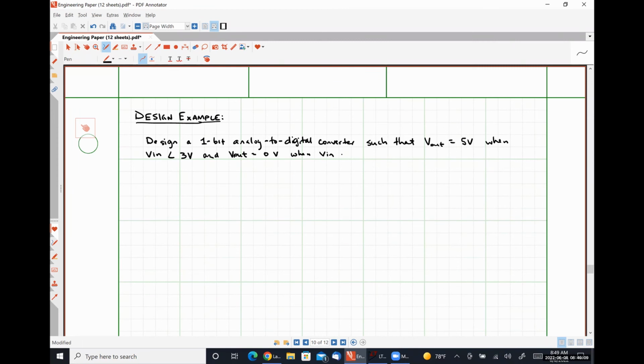Sorry, I got my sign wrong. We want V out to be 5 when V in is greater than 3, and V out to be 0 when V in is less than 3 volts.